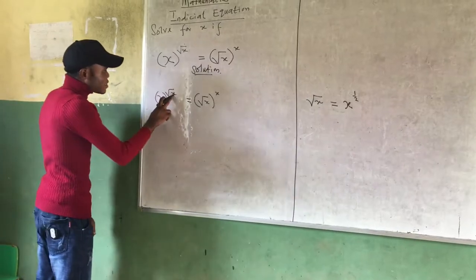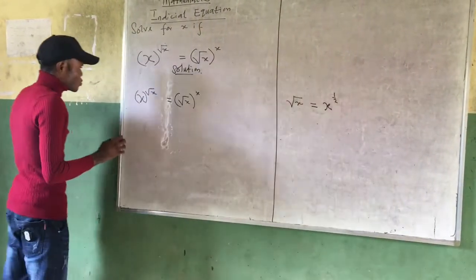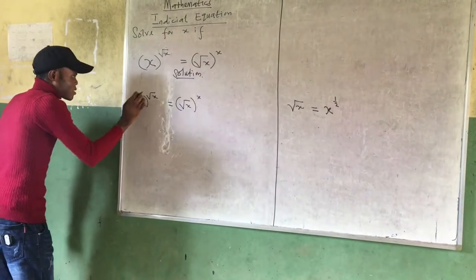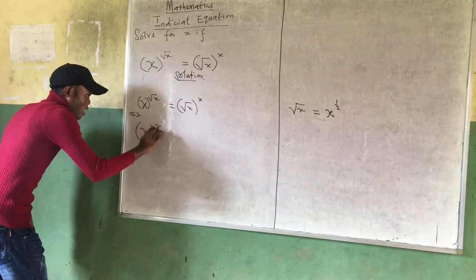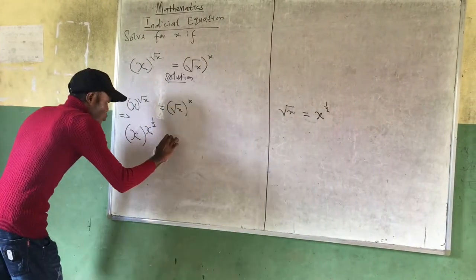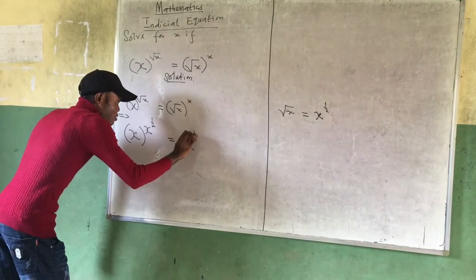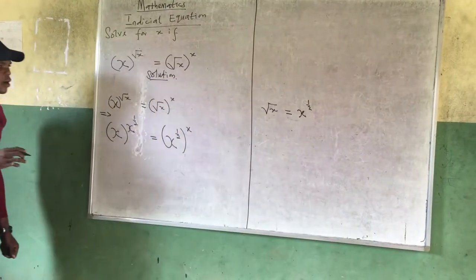So I'm going to change this root x to x raised to power 1 over 2. So this implies that I'm going to have x raised to power x raised to power 1 over 2, equal to x raised to power 1 over 2, everything raised to power x.